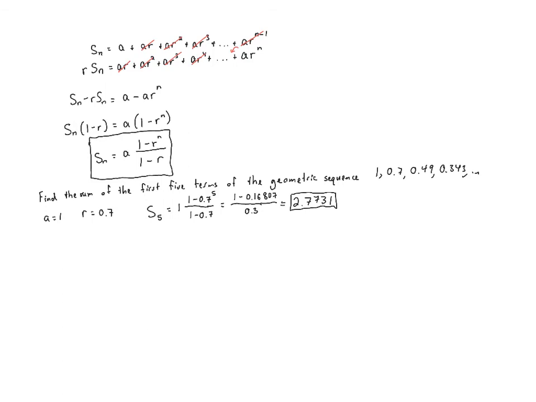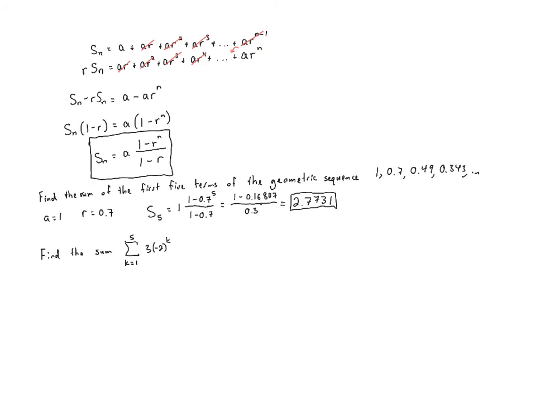Let's take a look at one more problem that we can use this for. Let's find the sum as k ranges from 1 to 5 of 3 times negative 2 to the k power.